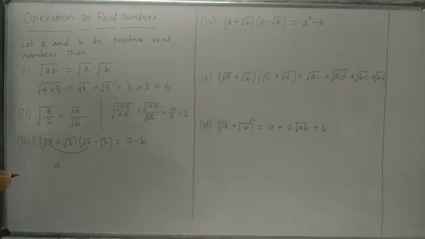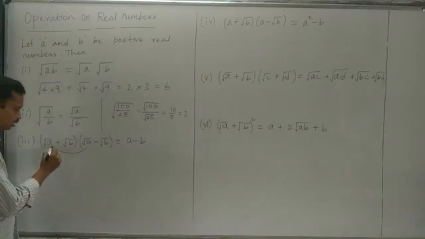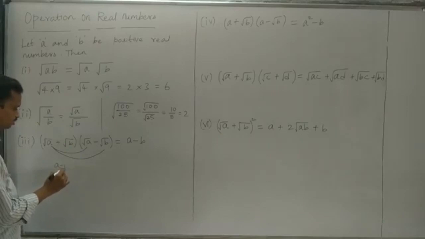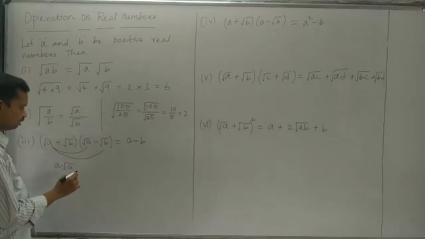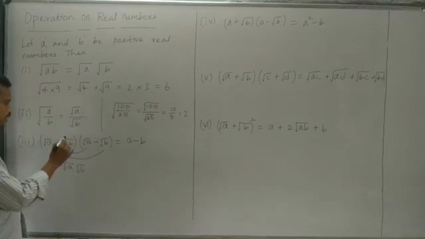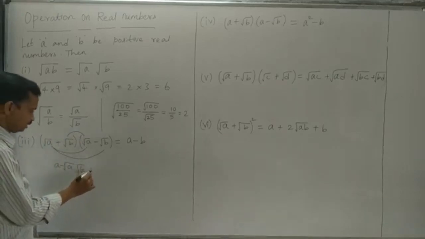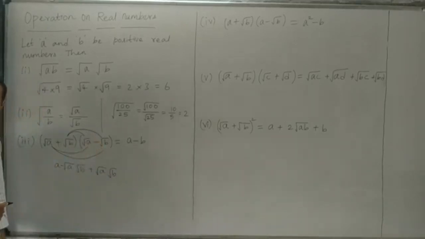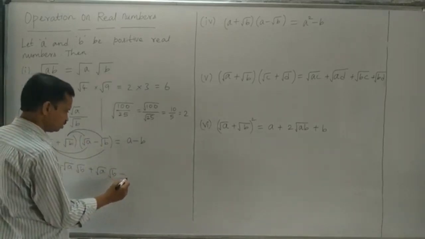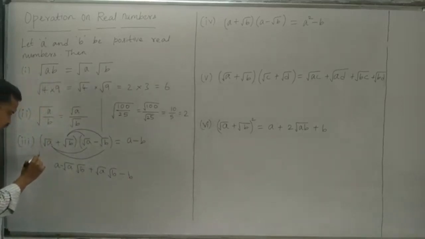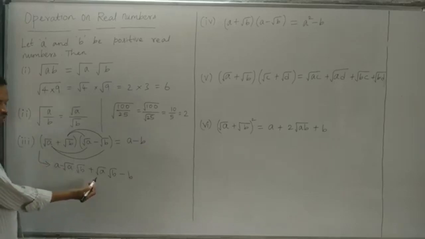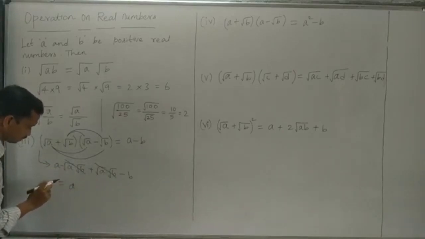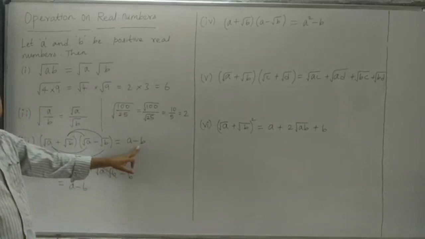And then root A into minus root B, you get minus root A into root B. Okay, and then if you multiply root B into root A, again you can write as root A into root B, and if you multiply root B into minus root B, we get minus B. And you see, this is minus root A into root B, this is plus root A into root B. So they cancel, and only A minus B is there. A minus B, which is on the right side.